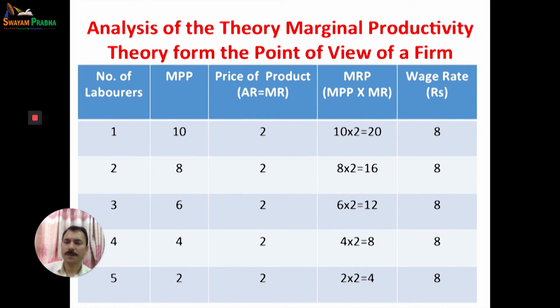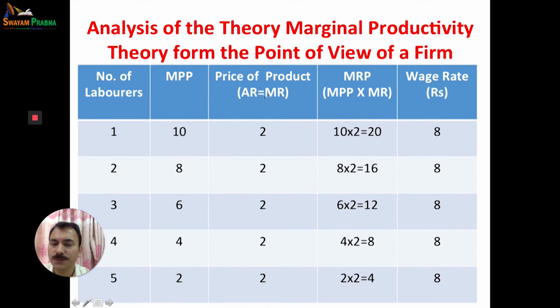Now see, when you use more and more labor, say 1, 2, 3, 4, the marginal physical product of labor starts diminishing: 10, 8, 6, 4, 2.